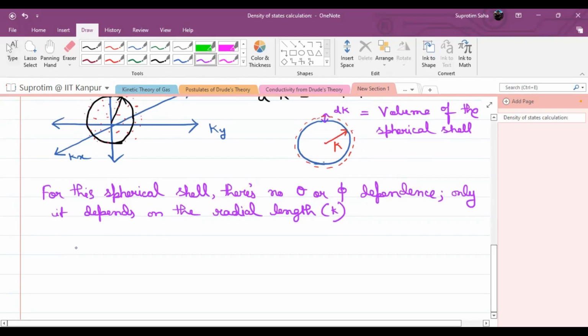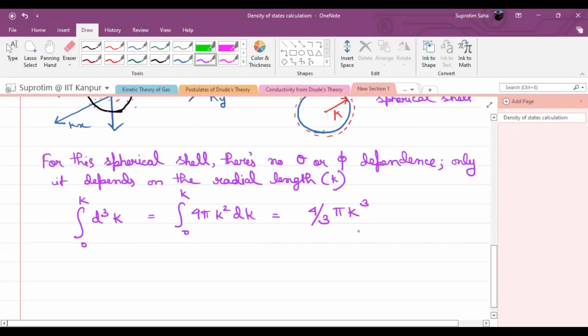So now, if this is your differential volume, till k, if you do an integration of this from 0 to k, 4 pi k square dk, this is the volume of the sphere in k space. So integrating this differential volume, you will get the volume of the sphere.